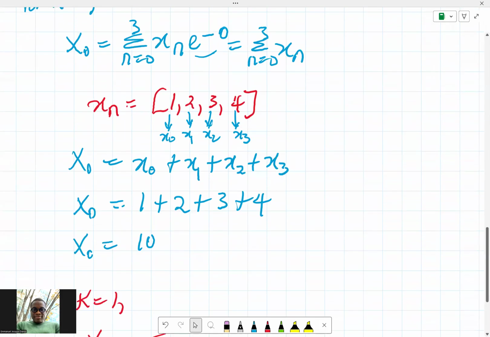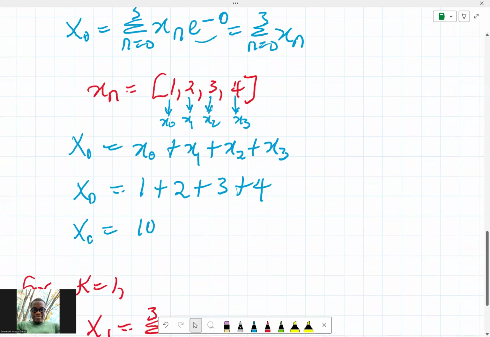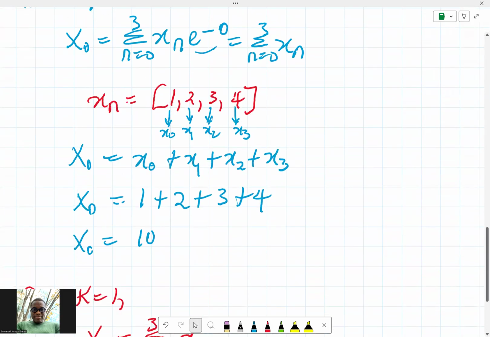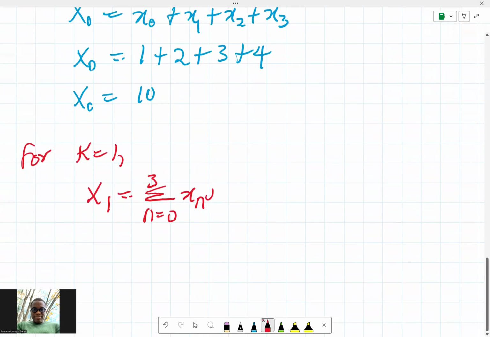So we move from n equals 0 to 3 again. So we have xn, then e raised to power minus i 2 pi over 4.